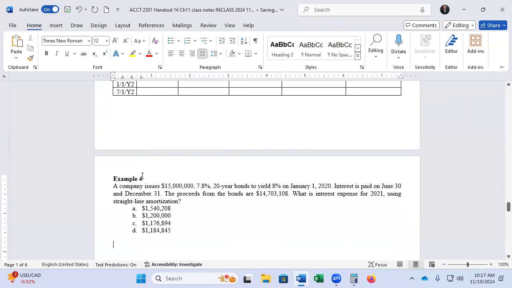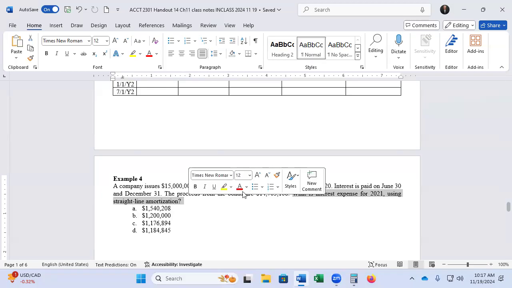Okay, let's jump to example 4. A company issues $15 million, 7.8%, 20-year bonds to yield 8%. So it's the same information. The proceeds from the bonds, what is the interest expense for 2021 using straight line amortization?